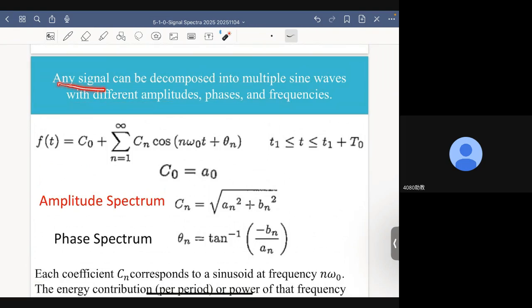Any periodical signal can be decomposed into multiple sine waves with different amplitudes, phases, and frequencies, all right?